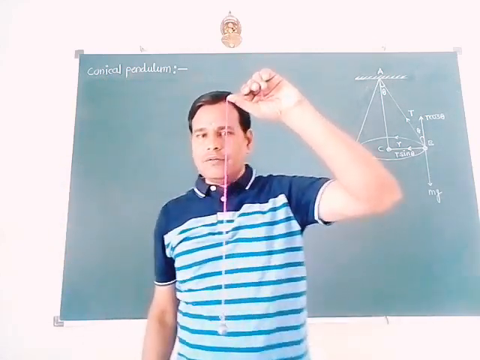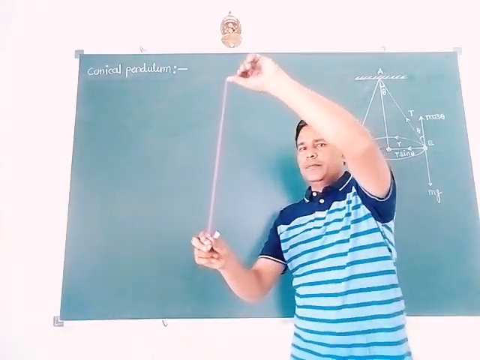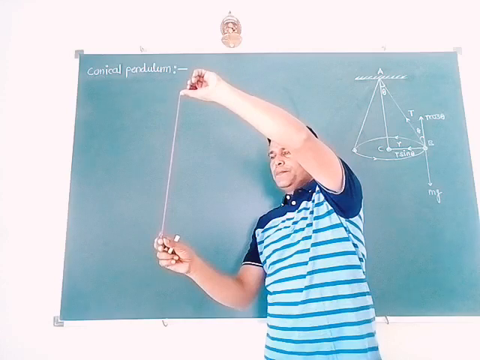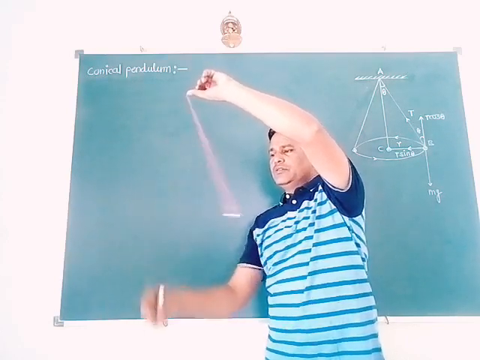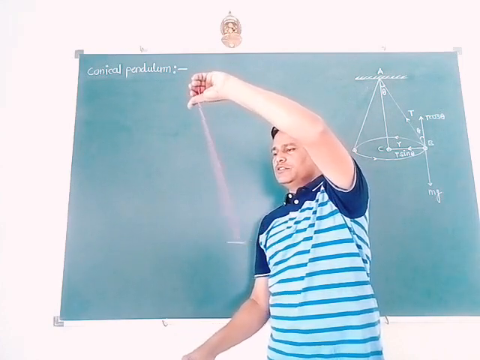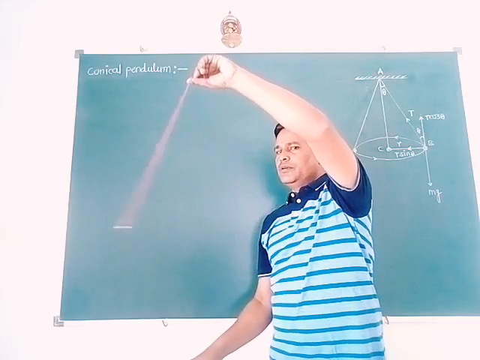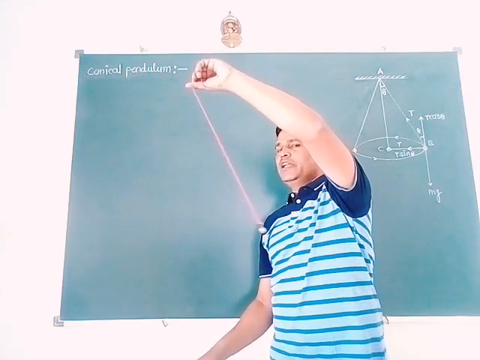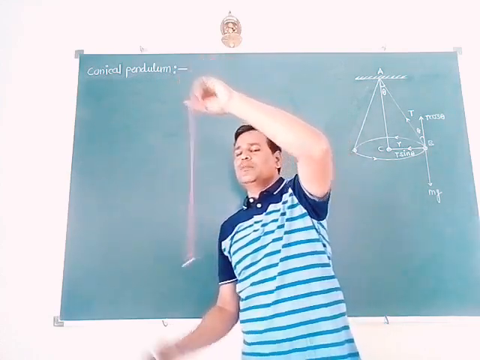Once again, displace this bob to one side and give a push in the horizontal direction, and it traces a cone shape in space. So this is the conical pendulum.